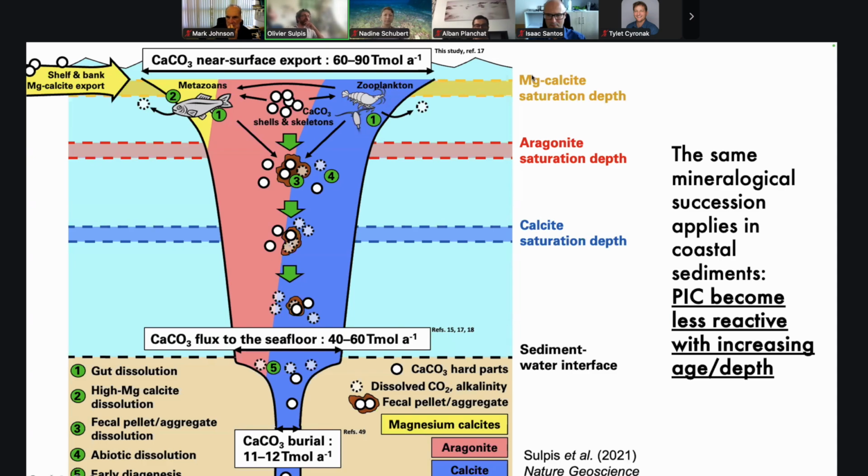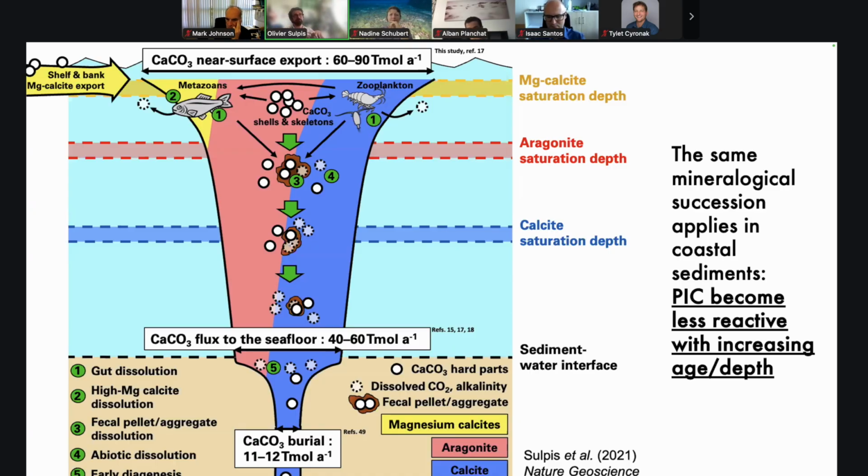So we see that at least in deep sea sediments, we have the succession of those three minerals. The deeper we go, the higher the pressure, the more soluble all these minerals are. And at some point, we run out of the most soluble one. We run out of magnesium calcites. A little bit deeper at the seafloor, we run out of aragonite.